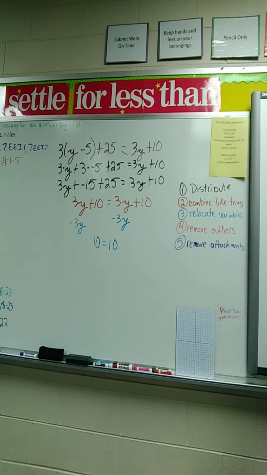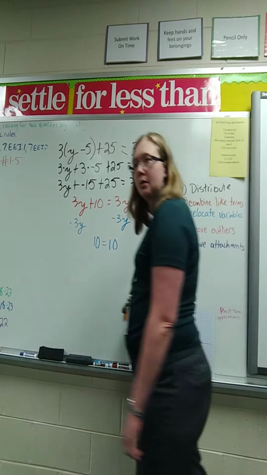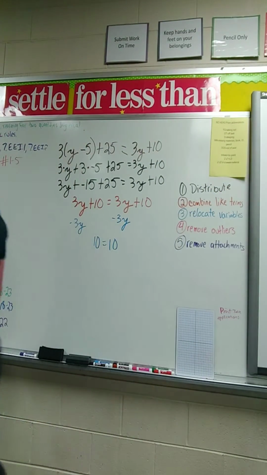Ladies and gentlemen, because we seem to be having some discussion about this, I want to know why you think we did this example. Let's think for just a second.